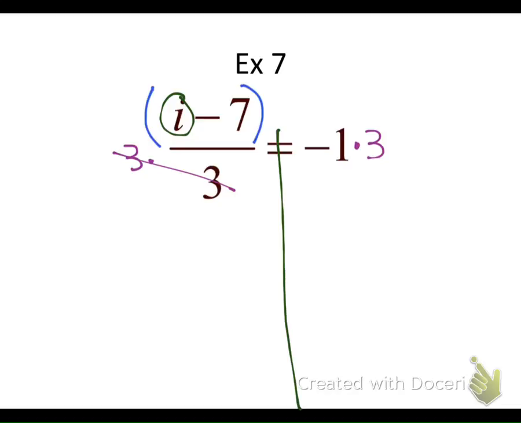So then, what can I bring down? The i minus 7. Equals, and then what's -1 times 3? -3. Yeah, don't forget that negative. And then we're back to a one-step equation. So how do I get the i by itself? Add 7.